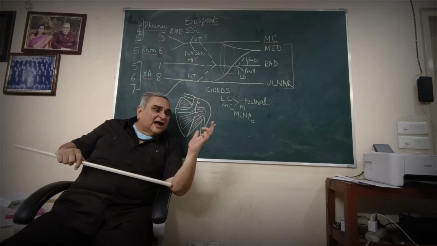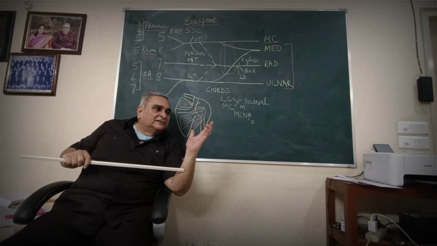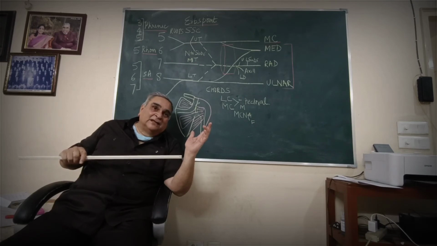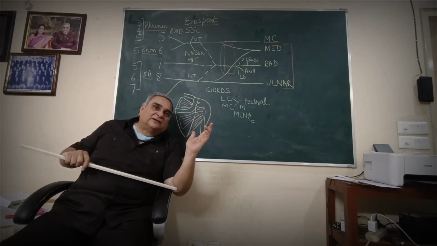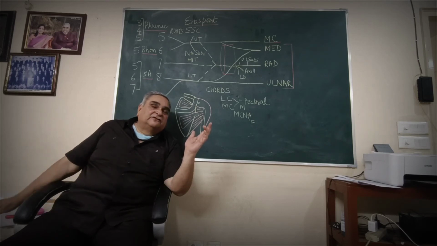So if there is a high paralysis and the FDP 3-4 is paralyzed, then the claw hand would decrease because the flexion of the DIP joints would be lost. So normally, higher the paralysis, more the deformity. But here the higher paralysis is leading to less deformity. Therefore, this is called the ulnar paradox.